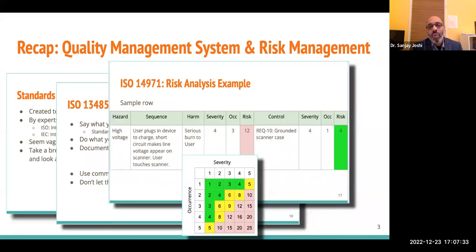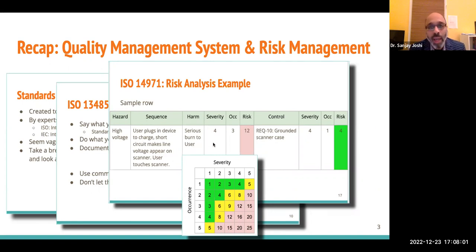Then in the last talk, we talked about risk analysis for ISO 14971. I won't go into too much detail, but here is a sample row of the output of all that. We talk about what can cause harm, so hazards such as high voltage. We need to document the sequence of events that can cause this hazard to cause the harm, for example, a short circuit and then the user touching the scanner, and that can cause serious burns.